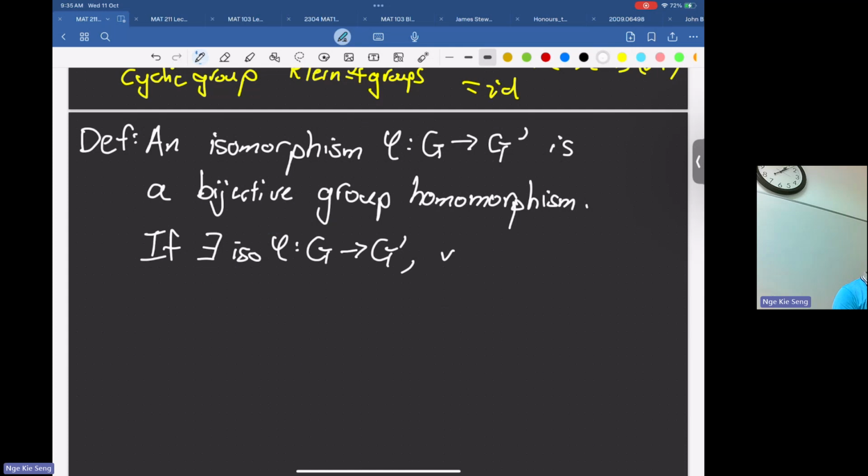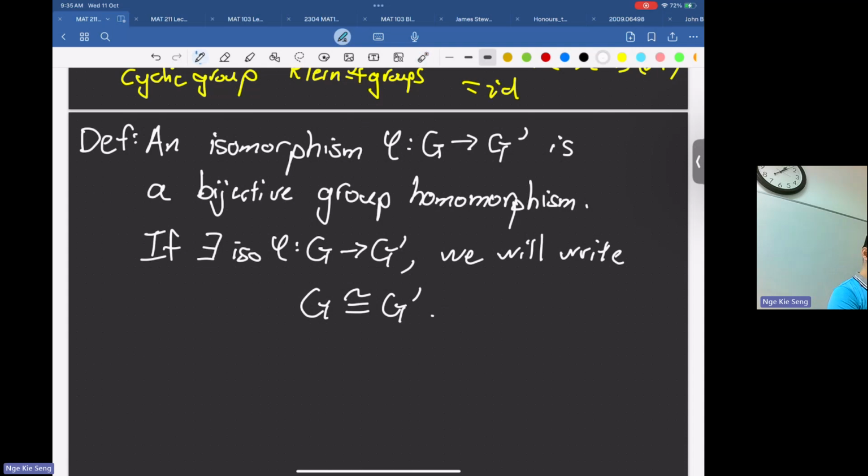If there exists an isomorphism, we will write G is isomorphic to G prime, with a 3-line equality sign.